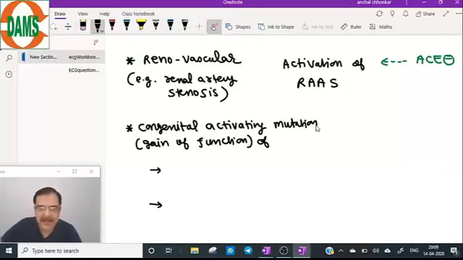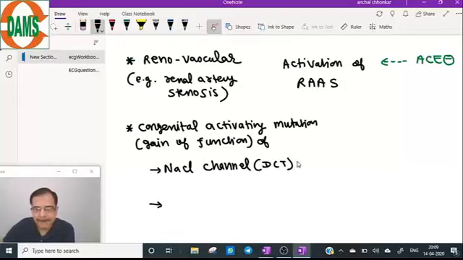In congenital activating mutation or gain of function of the sodium chloride channel, located in the DCT, these channels congenitally work more, so they absorb more sodium, and when more sodium is absorbed into the blood, hypertension will be there.